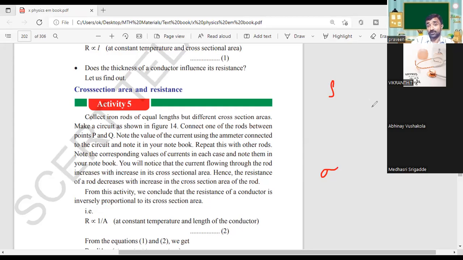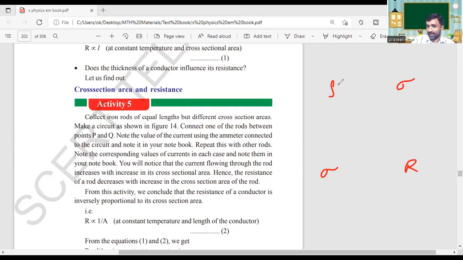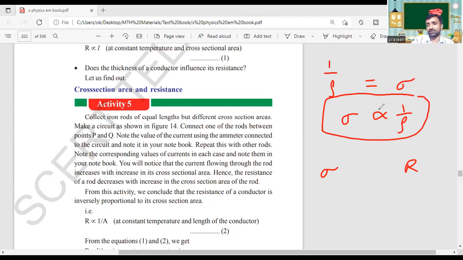Okay, so it is simple. Conductivity is equal to the reciprocal of resistivity. So how are they related? The conductivity is proportional to 1 by rho. Conductivity is inversely proportional to the resistivity. Resistivity is directly proportional to the resistance. So I am able to give a relation between resistance and conductivity in the same way.